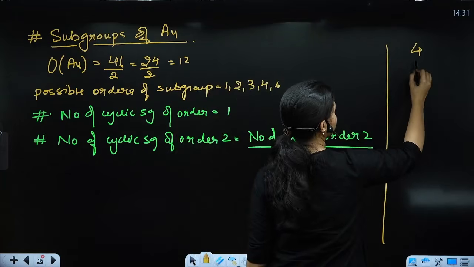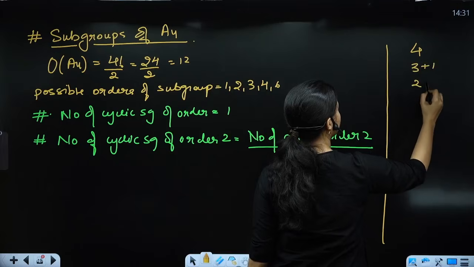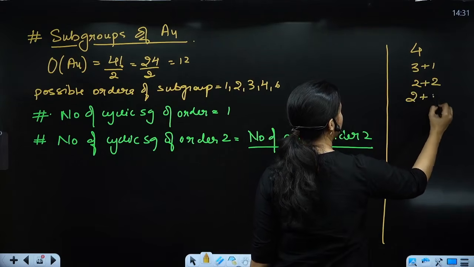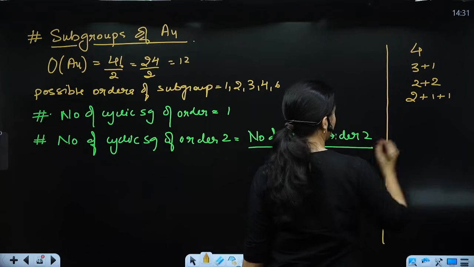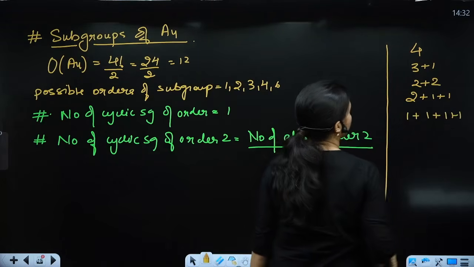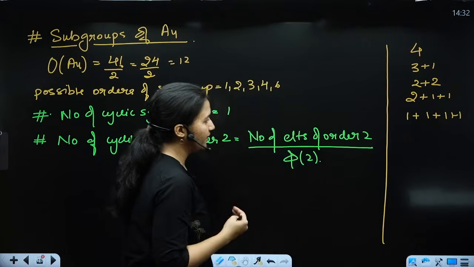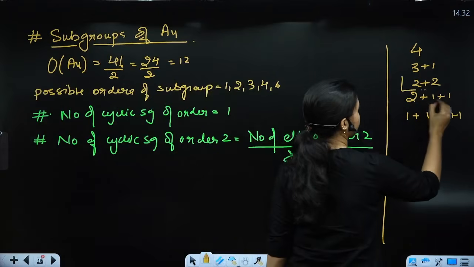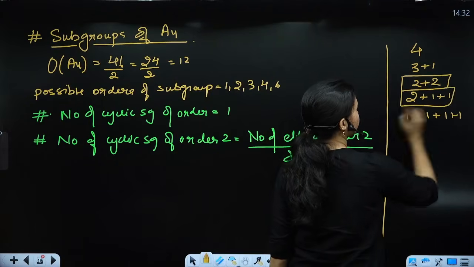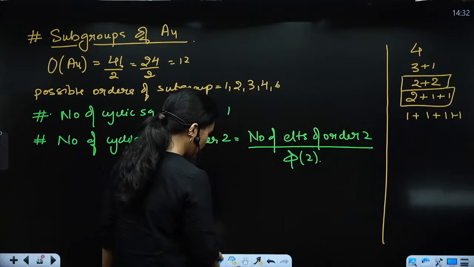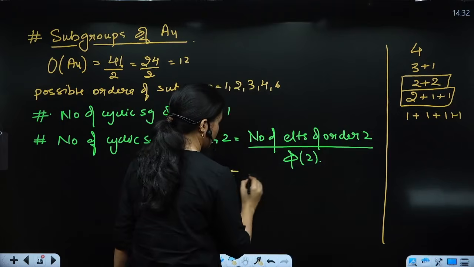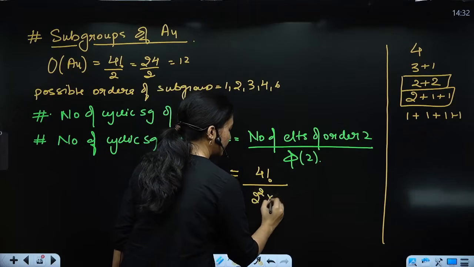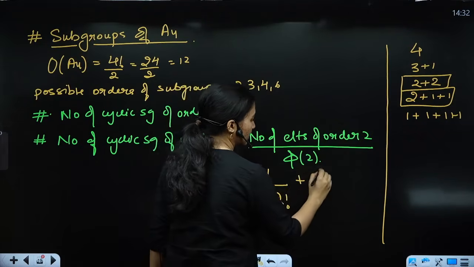The partitions of 4 are going to be 4 plus 1 plus 1, not 2 plus 1 plus 2, and 2 plus 1 plus 1, and finally 1 plus 1 plus 1, right? So the only possibilities where we can find elements of order 2 are here, because the LCM is going to come to 2, and here, right? So the total number of elements of order 2 are going to be 4 factorial divided by 2 raised to the power 2 into 2 factorial. I hope everyone remembers this.